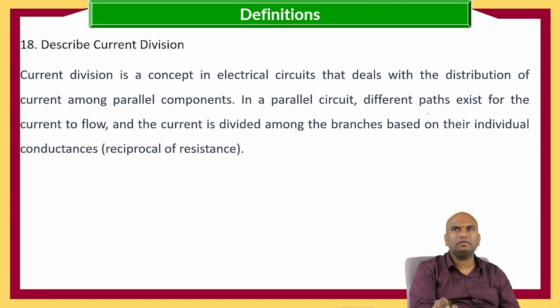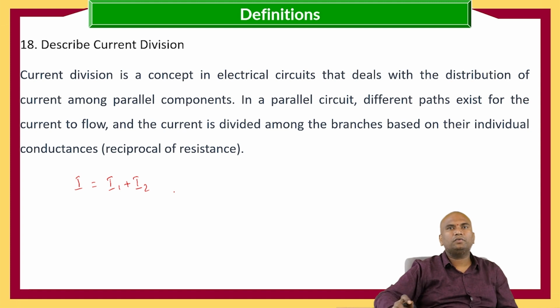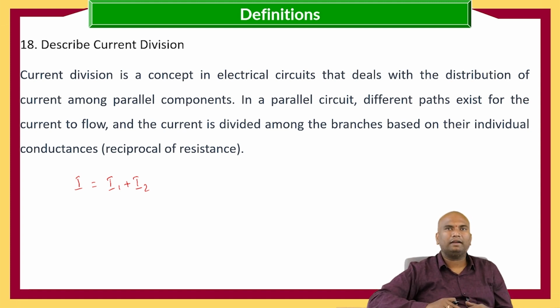In a parallel circuit, different paths exist for the current to flow, and the current is divided among the branches based on their individual conductances. So current I will be divided into I1 plus I2 when the two elements are connected in parallel.